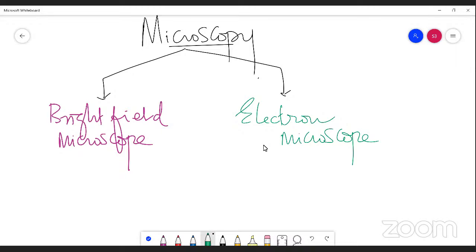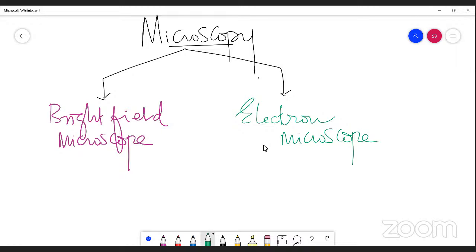We can use some amount of light artificially. Light is focused on the specimen on the stage of the microscope, hence we can see the ultrastructure of any object. That is called a bright field microscope.